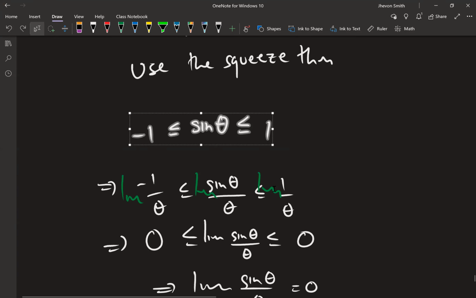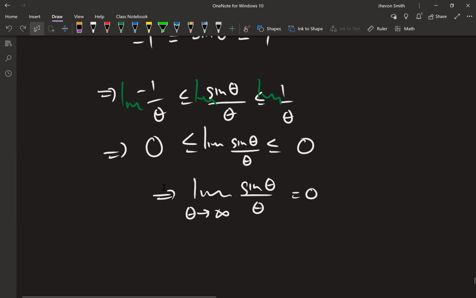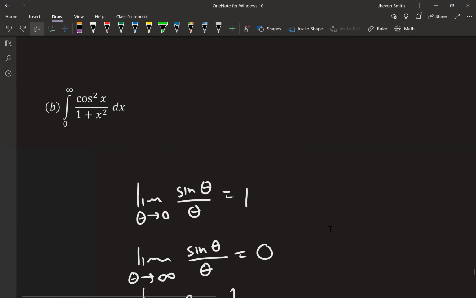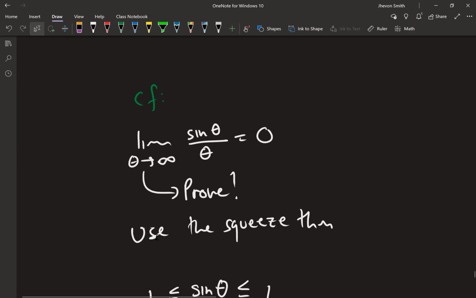You find boundaries. You build up to the other function that you care about. You take limits of all sides, realize that it's bounded between 0 and 0, and you can make a conclusion from the squeeze theorem. So this is not exactly how you're going to do it, but it's something worth comparing to.